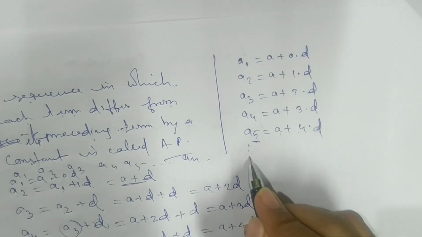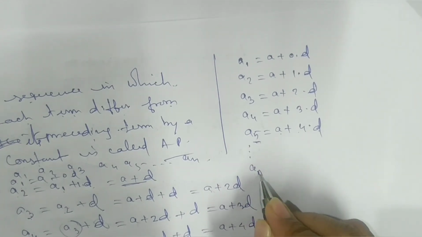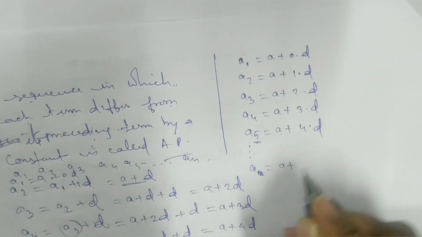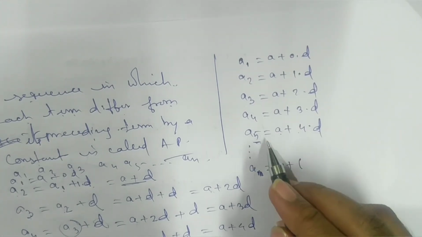If we write n, since we don't know it, then A plus, here the number is 5.